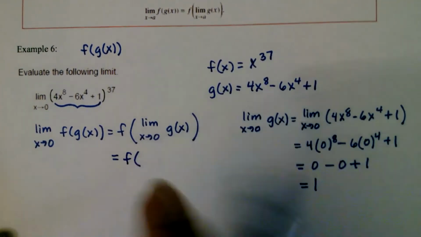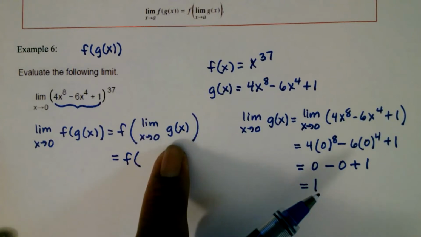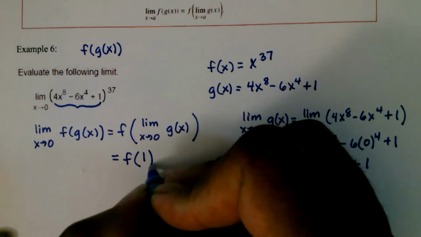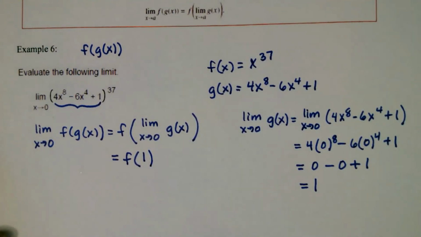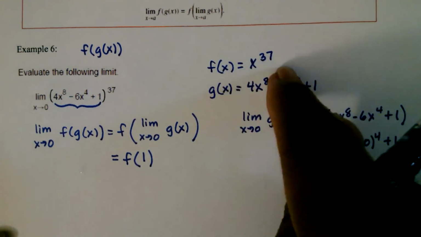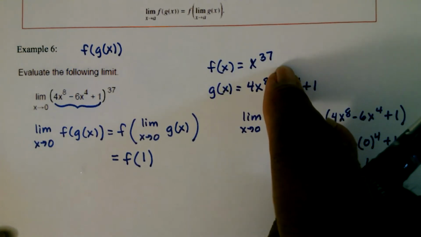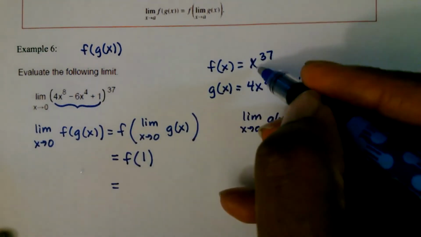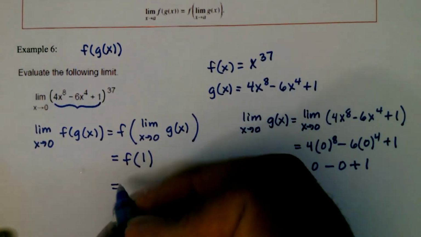So I have f of the limit as x approaches 0 of g of x. We found that to be 1, so I'm going to be evaluating f of 1. In this case, f of x is x to the 37th power, so to find f of 1, I just substitute the x in x to the 37th with the 1.